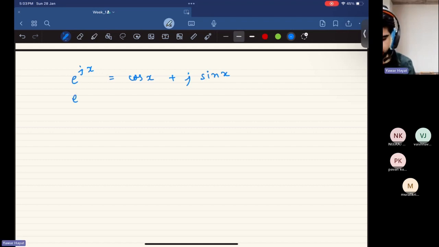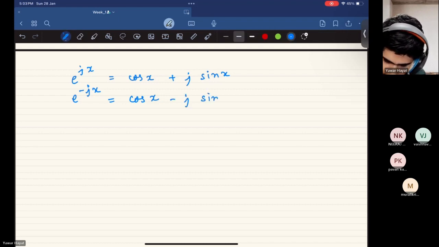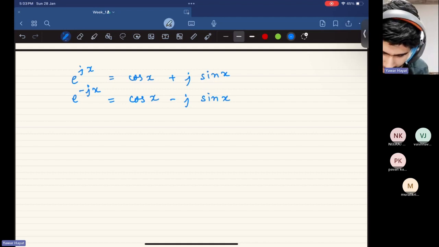And if I use minus x instead of x, then it is cos of minus x, and cos is an even function, so it will be x. Sine is an odd function, so there would be a minus sign coming out. If it's not clear, you can let me know.